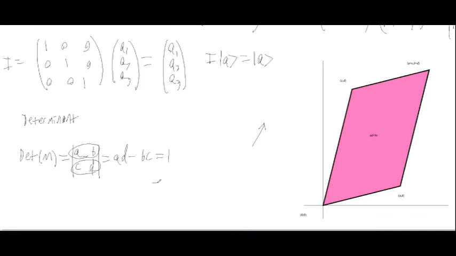Whereas if this is greater than 1, then you might be changing its direction, but you're also increasing the magnitude. And if it is less than 1, then it's reducing that magnitude.